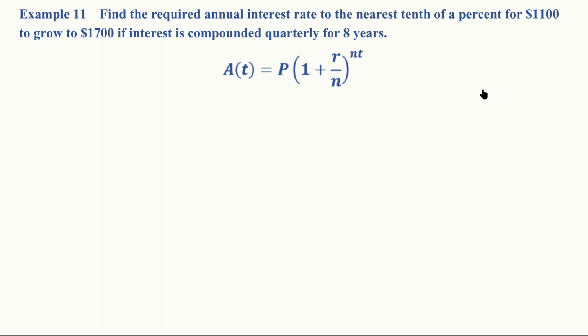Let's see what we have here. So there's a percent for 1100 to grow to 1700. So we know that A of t, the future value that we want, is 1700. The present value that's been invested is 1100, right?